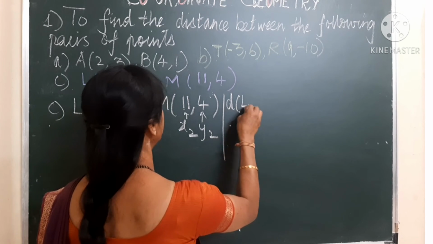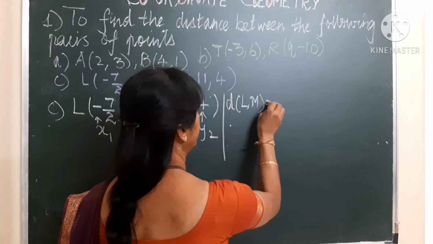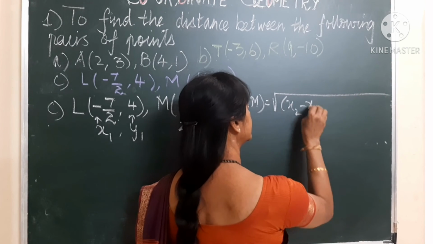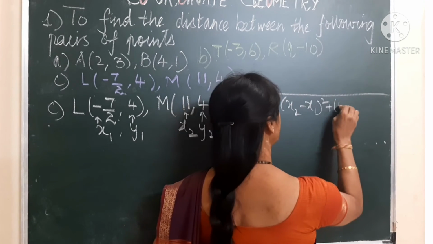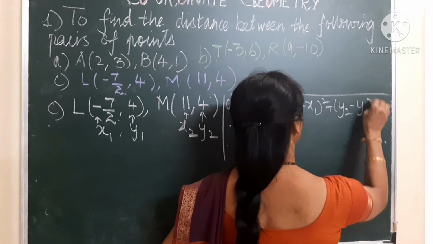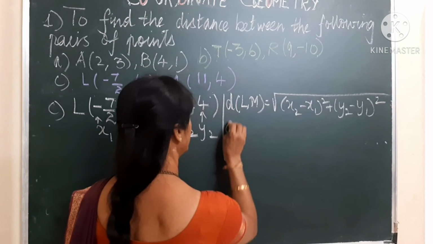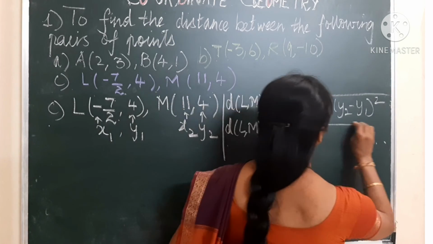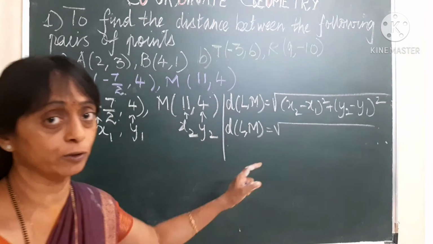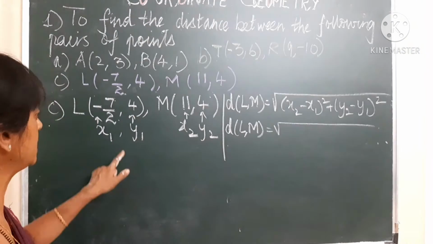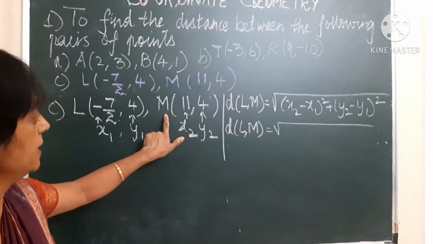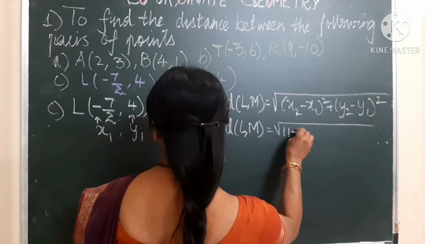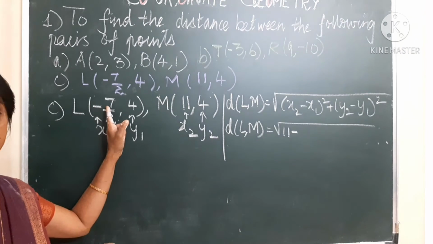Distance LM will be equal to again the square root of x2 minus x1 the whole square plus y2 minus y1 the whole square. So distance LM will be equal to... Now let's be careful as we are going to involve a fraction when we substitute. x2 is 11 minus the value of x1.